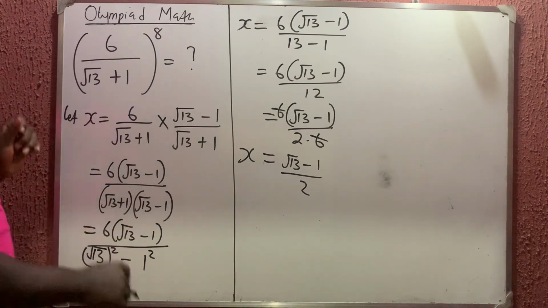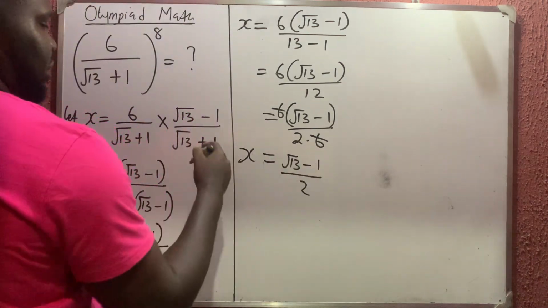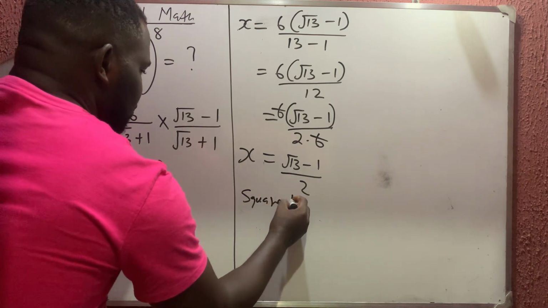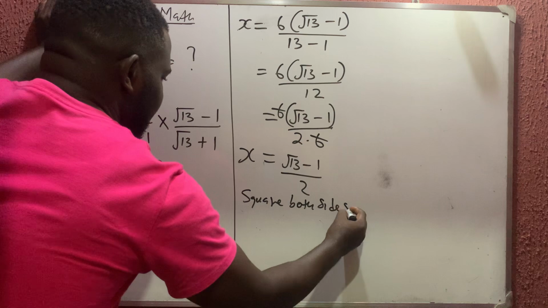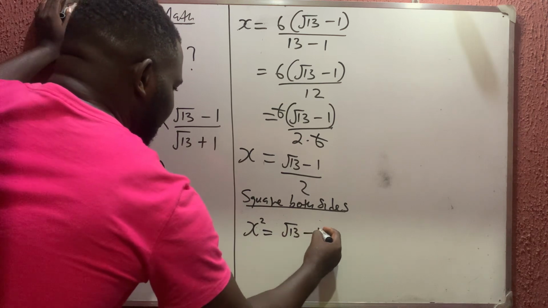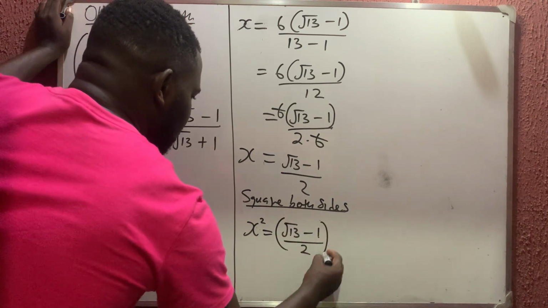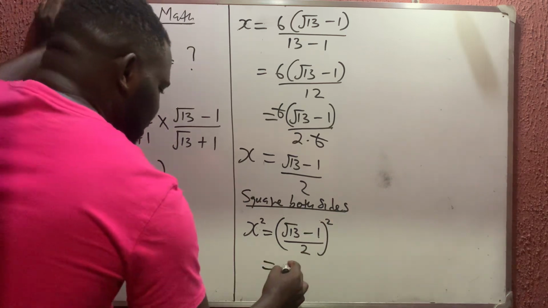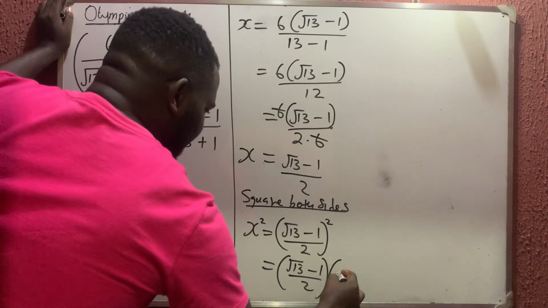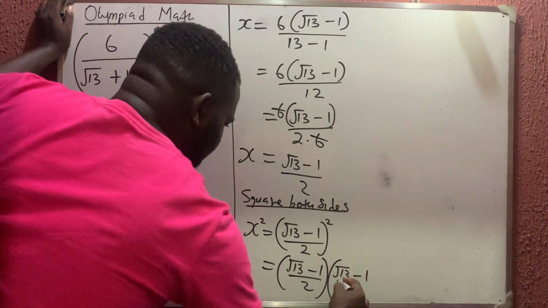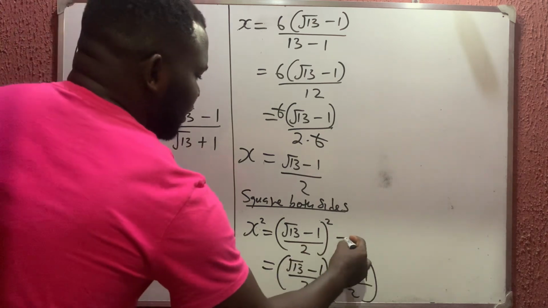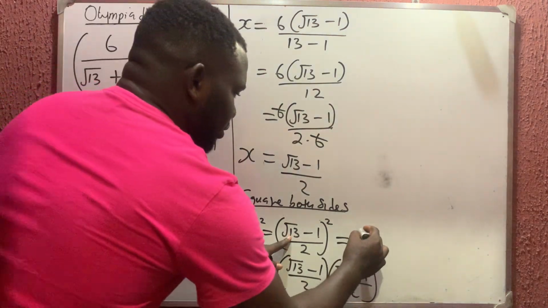To find x raised to the power 8, let's start by squaring both sides. If I square both sides, I'm going to have x squared equal to the square root of 13 minus 1 over 2, all squared. Square the first one, you have 13.